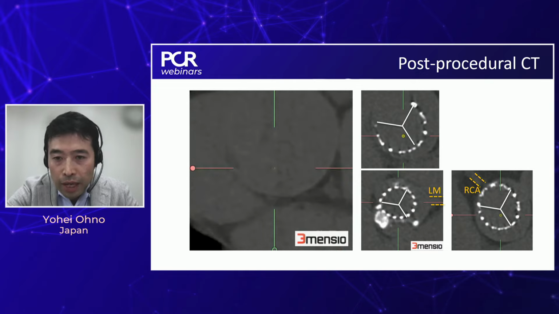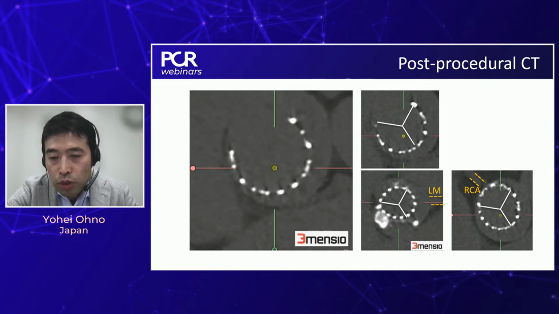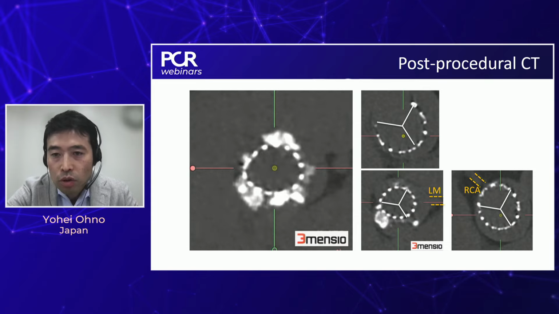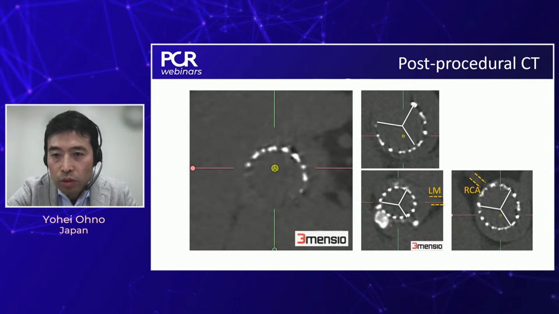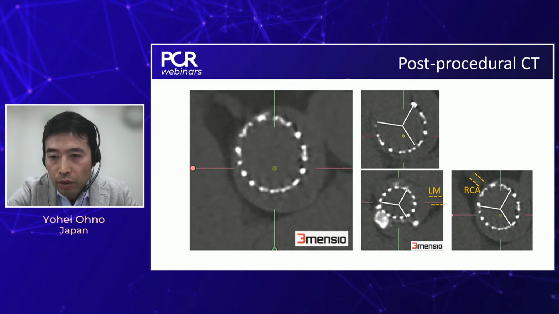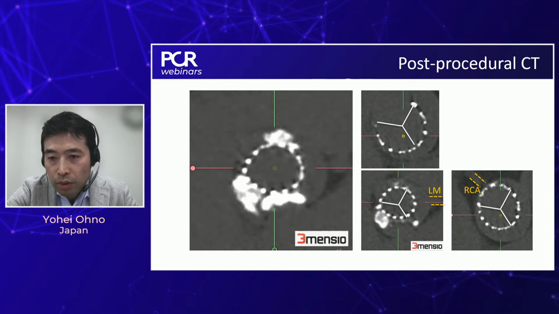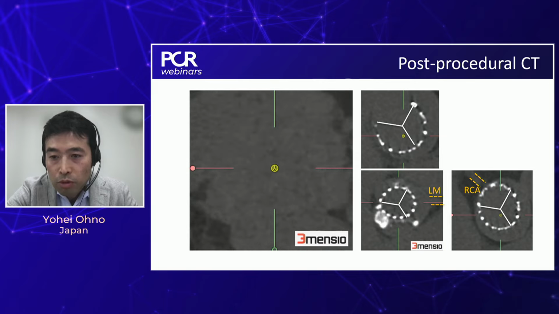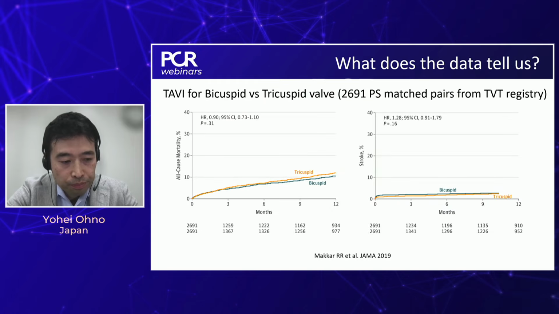On top of that, we can appreciate that this patient had achieved nice commissural as well as coronary alignment. You can see that both coronary arteries, the left main and the right coronary artery, originate in the middle of the commissure post, which facilitates coronary access.